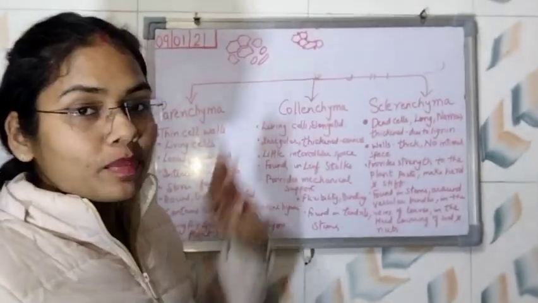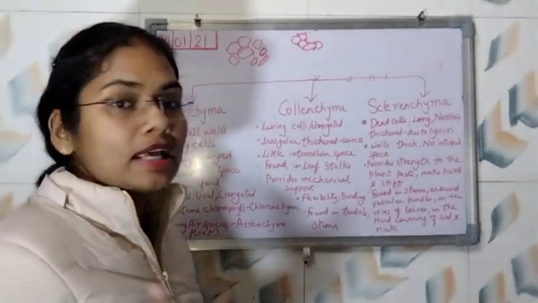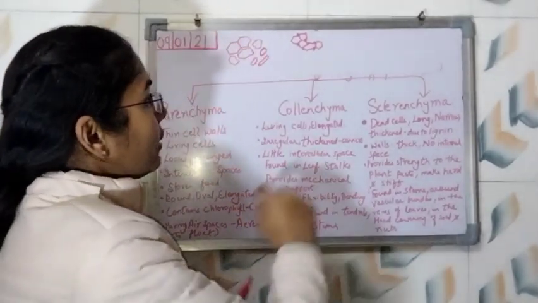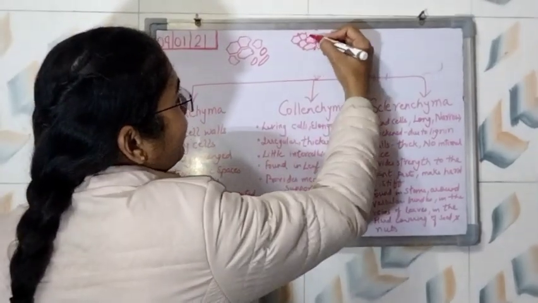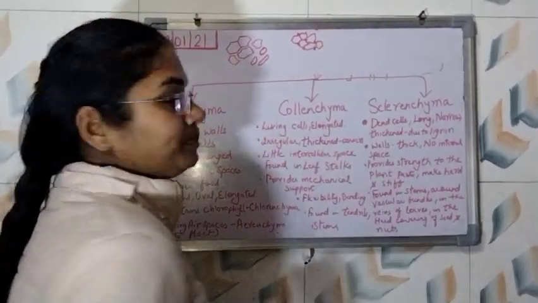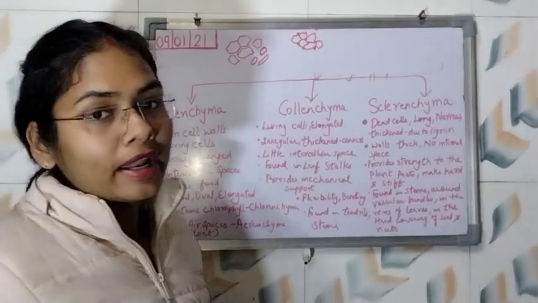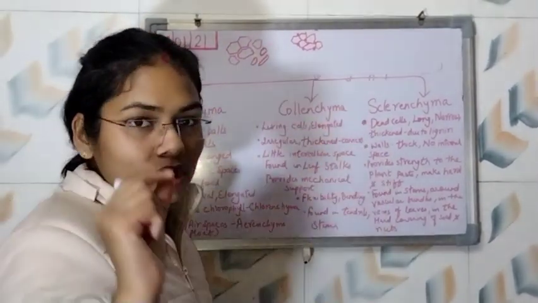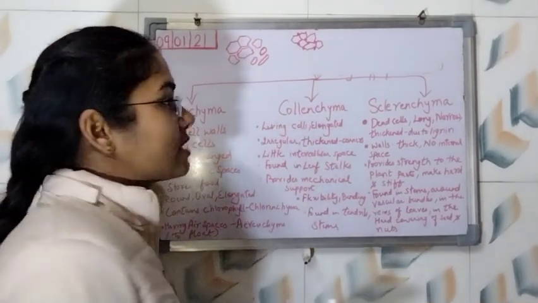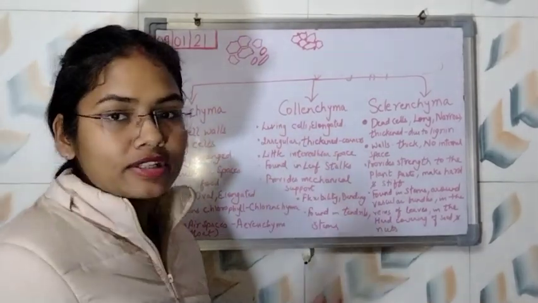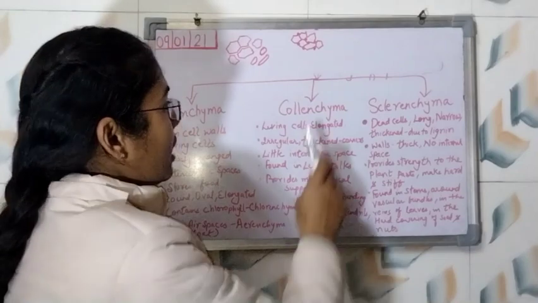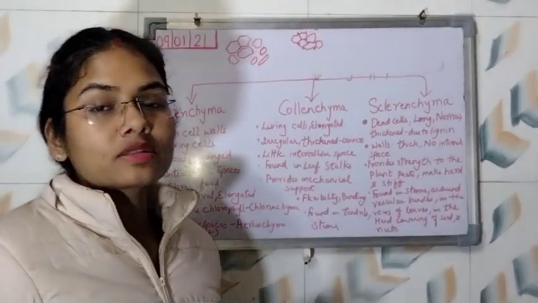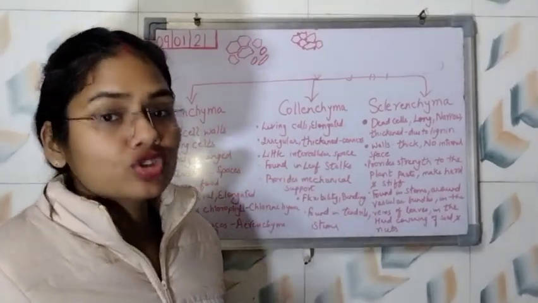The cells present in collenchyma are living cells, right? And they are a little bit elongated and also irregular in shape, right? Next, there are little intercellular spaces between the cells. And collenchyma is mainly found in leaf stalks, right?